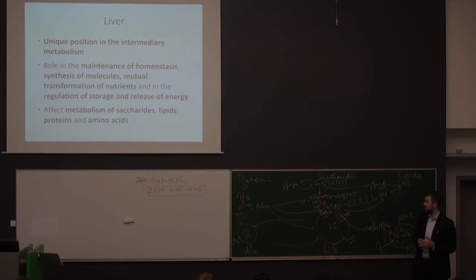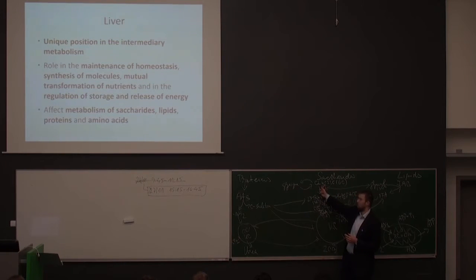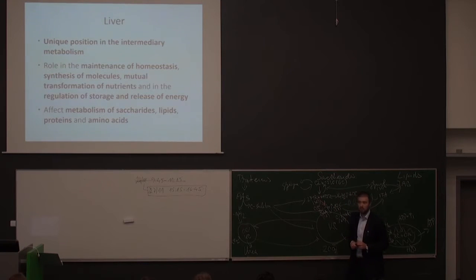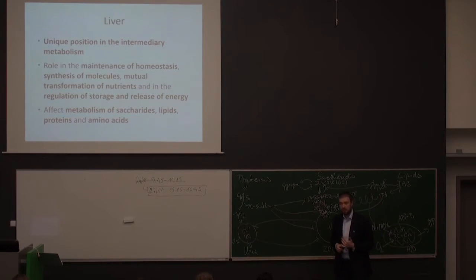Also inside the liver you store glycogen. Inside the liver you have 80 to 100 grams of glycogen, and that means that you also have glucose inside. And of course inside the liver you also produce waste products. It's a very important organ for detoxification of your body from your own waste products, or it's doing the detoxification of xenobiotics.